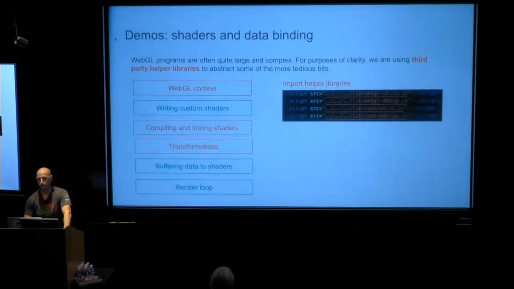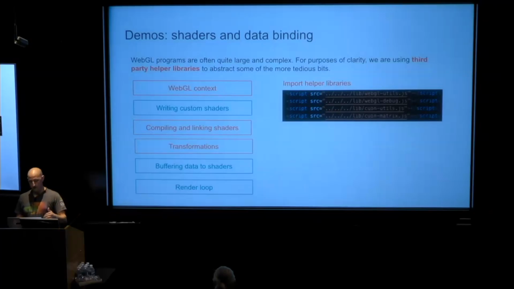Okay. So there's a lot more to WebGL than I'm able to actually show in one presentation. So some of the stuff that we'll be doing will actually be sort of hidden behind some third-party libraries. It's just a bunch of annoying things, and we can go into another time. But setting up the WebGL context, we're using a helper function to do that.